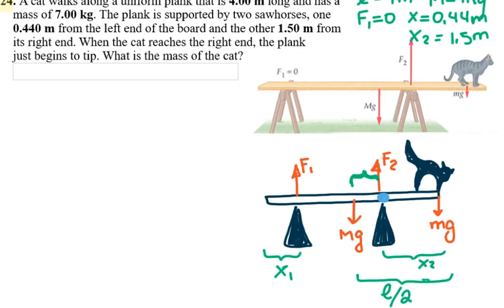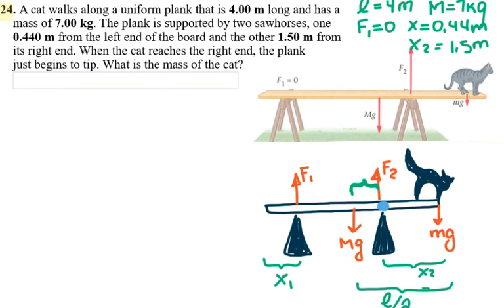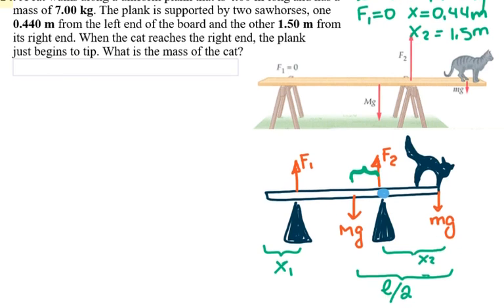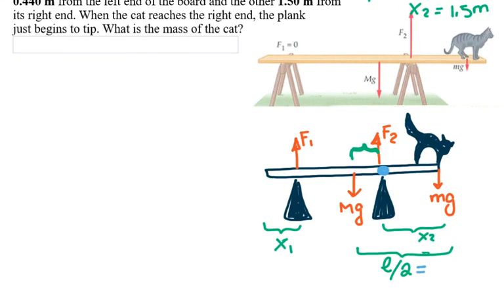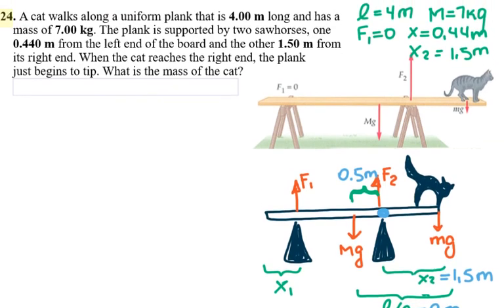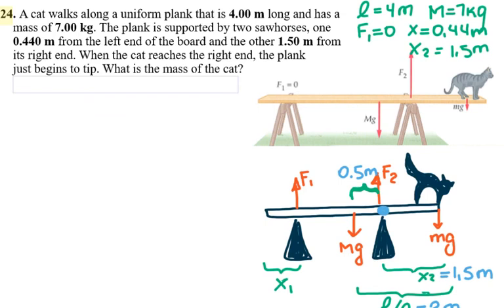So if L is 4 meters, then this part right here is 2 meters, and x2 is 1.5 meter, then the one on the top is 0.5 meters. Then I'm gonna do the sum of all the torques equals to 0. So the sum of all the torques, because it's equilibrium, equals to 0 in this case, and the forces acting.